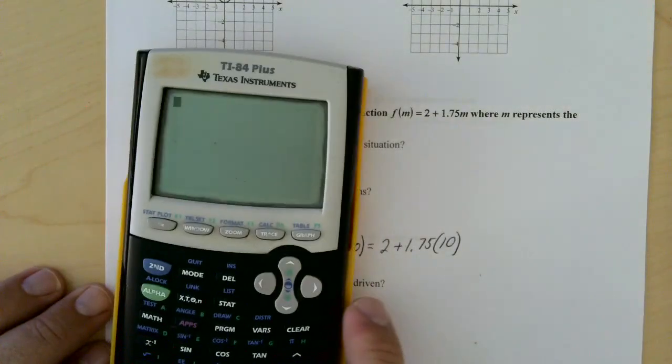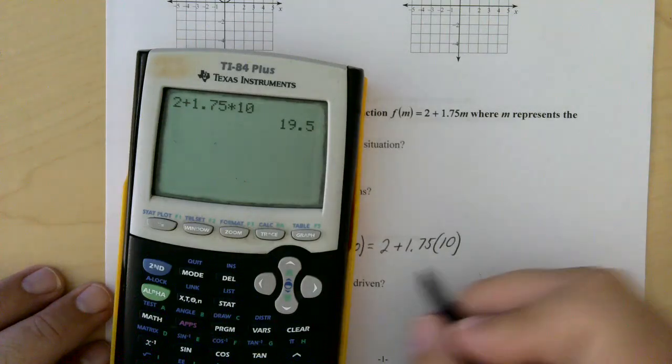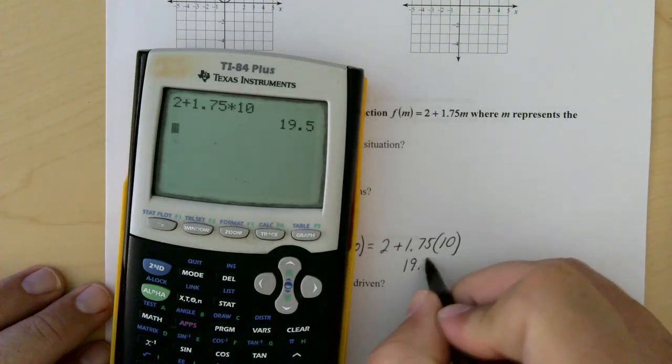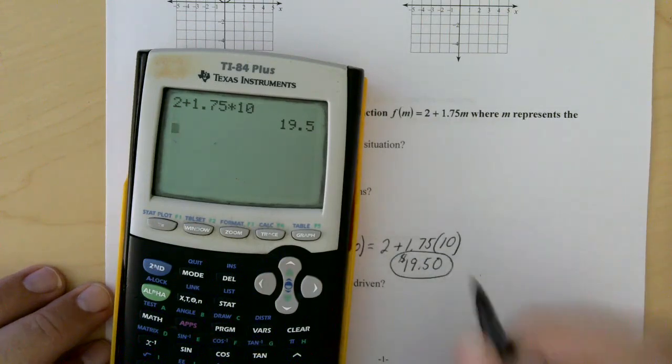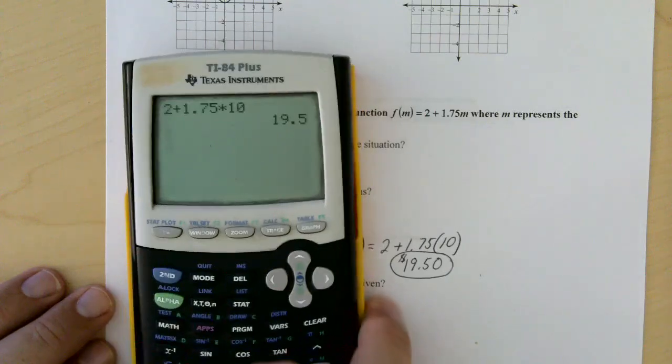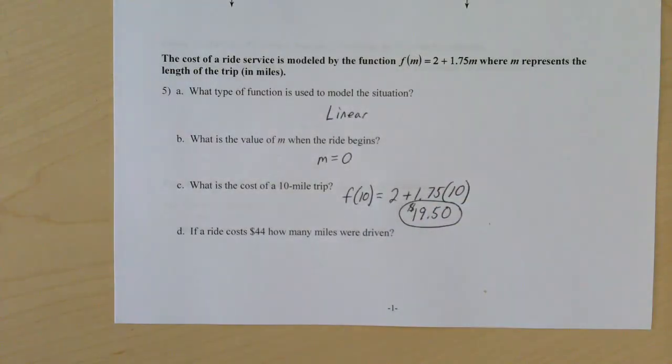And all we have to do is calculate this simple 2 plus $1.75 times 10. And we're going to know that 10-mile trip cost $19.50. Okay? Not hard.